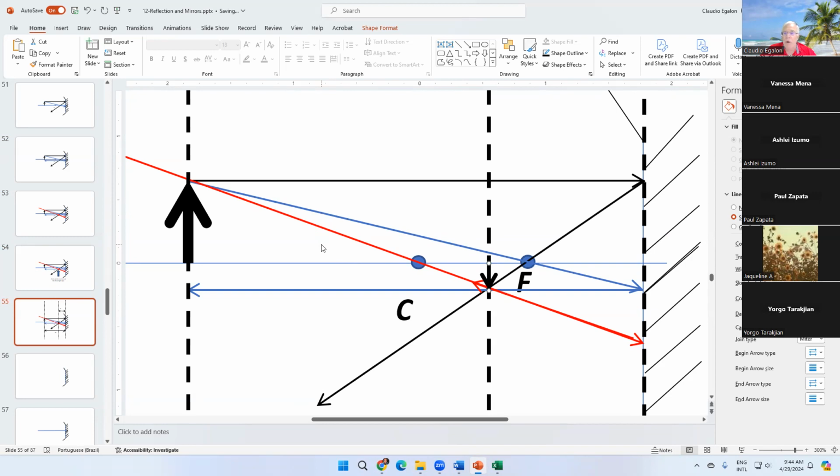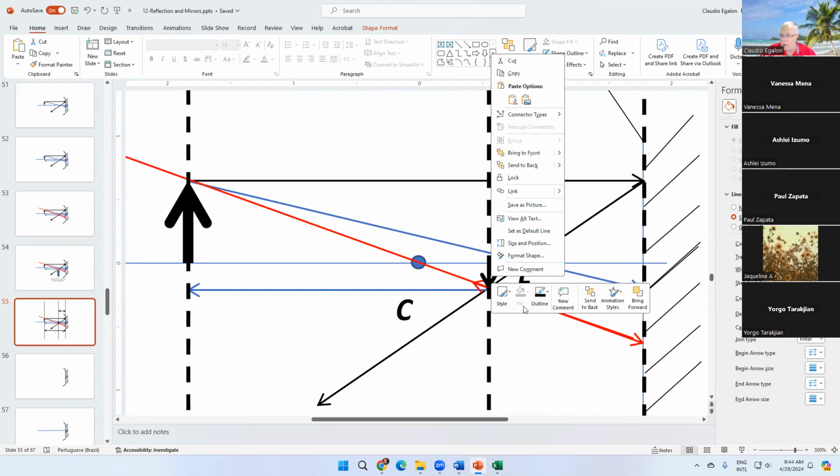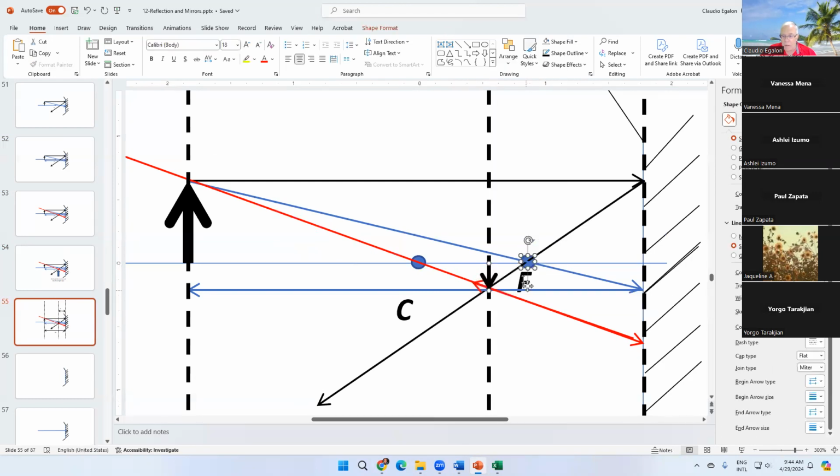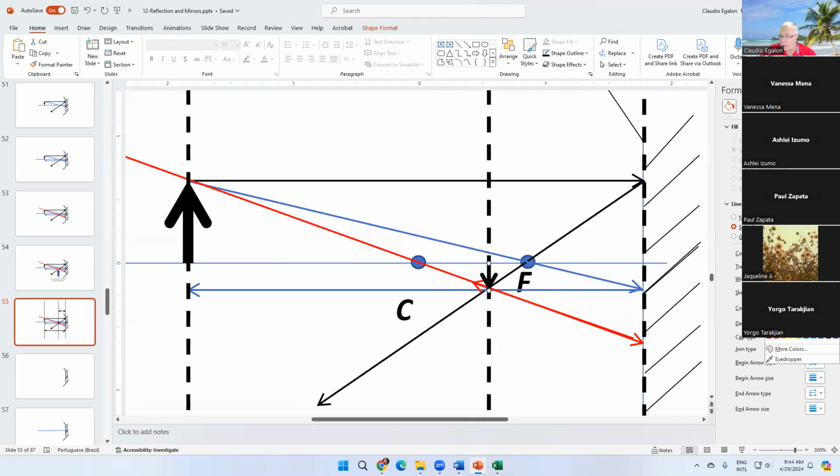Let me change the color, so it becomes easier to see this object. Didn't change it.